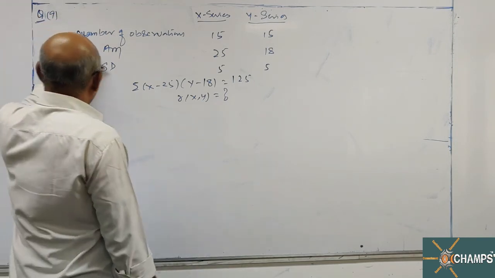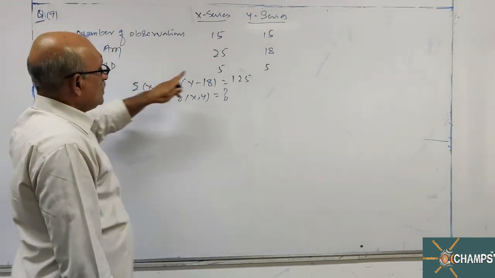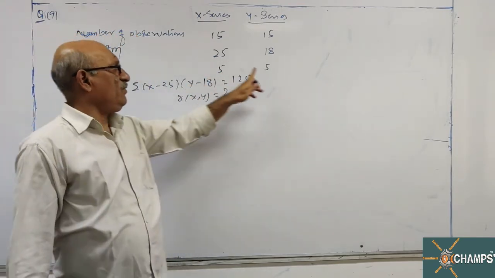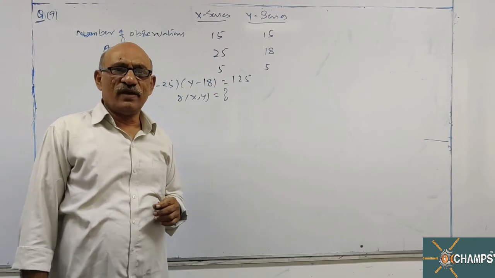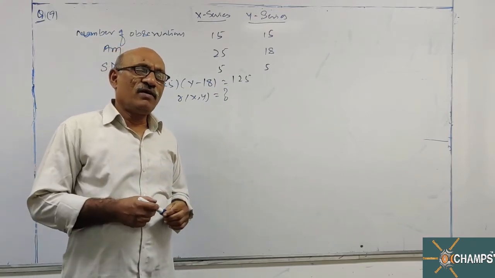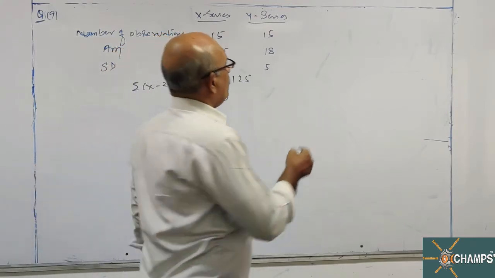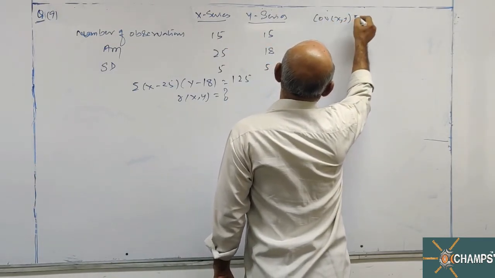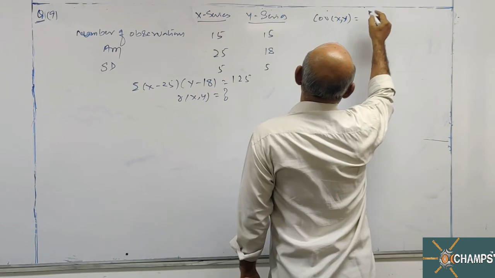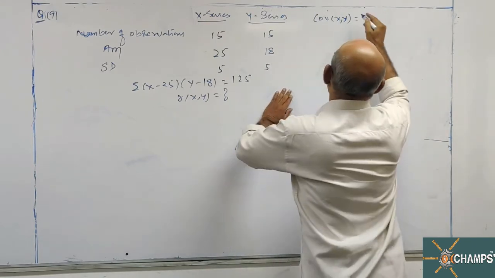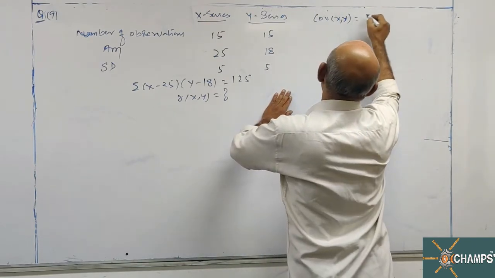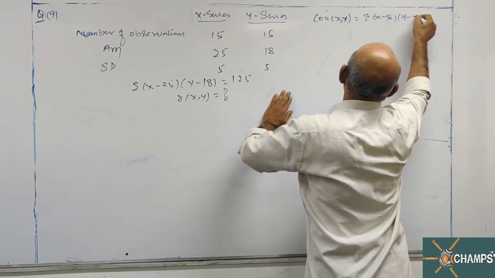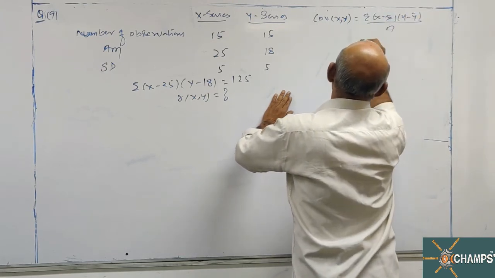Now look at the data given to us. Standard deviation of x is given as 5. Standard deviation of y is also given as 5. What is required for me? Covariance is required. Covariance of x comma y is equal to summation of (x minus x bar) into (y minus y bar) by n.